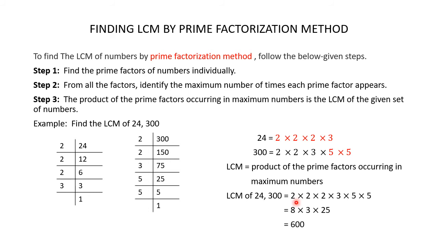So the product is 2 multiplied by 2 multiplied by 2 multiplied by 3 multiplied by 5 multiplied by 5. So 2 multiplied 3 times is 8 and 5 multiplied 2 times is 25. So 8 multiplied by 3 multiplied by 25 is 600. So LCM of 24 and 300 is 600.